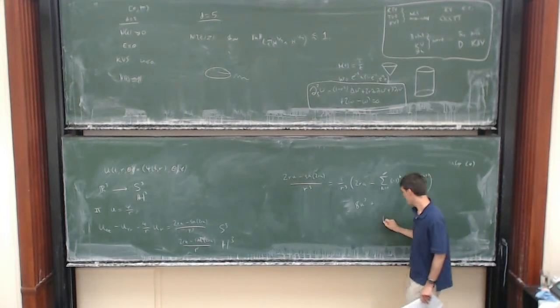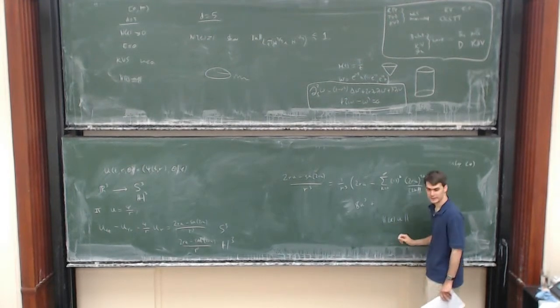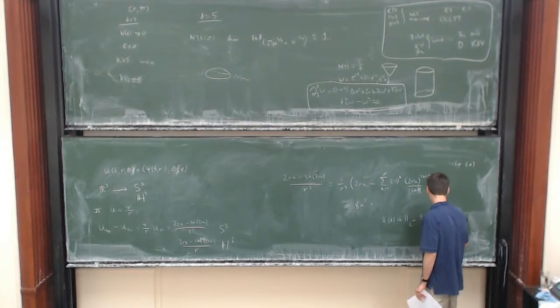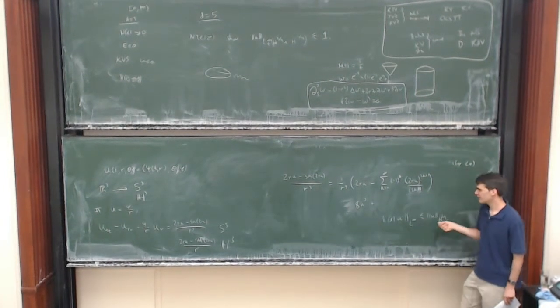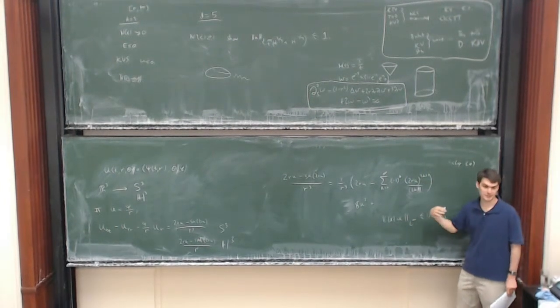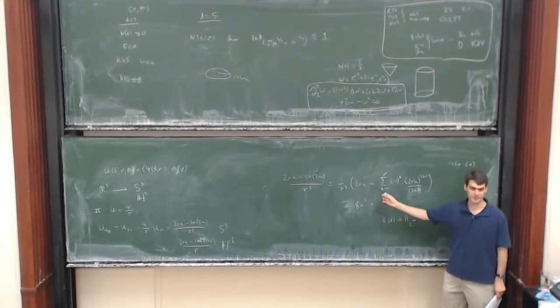Now, remember we know that in 5D, we're in 5D now, that u is in H dot 3 halves. So all these other terms, they might be big, but they're bounded, right? And so we can just sum this up term by term.